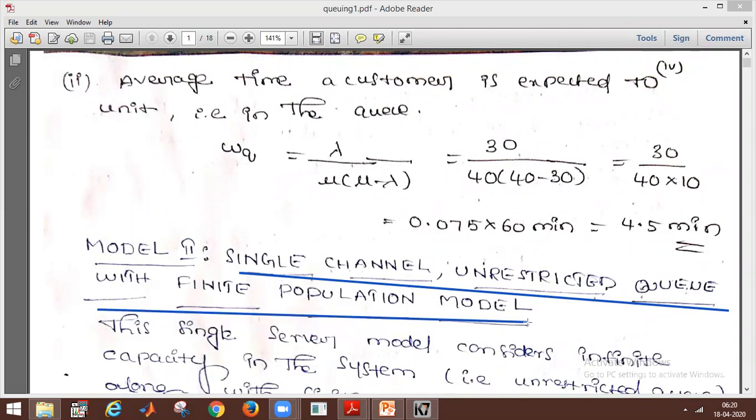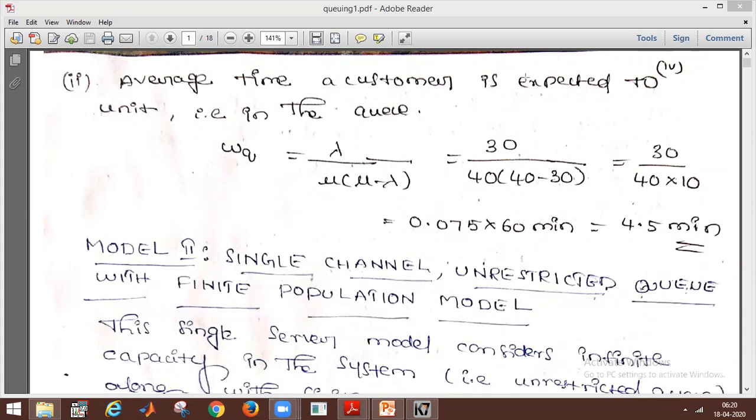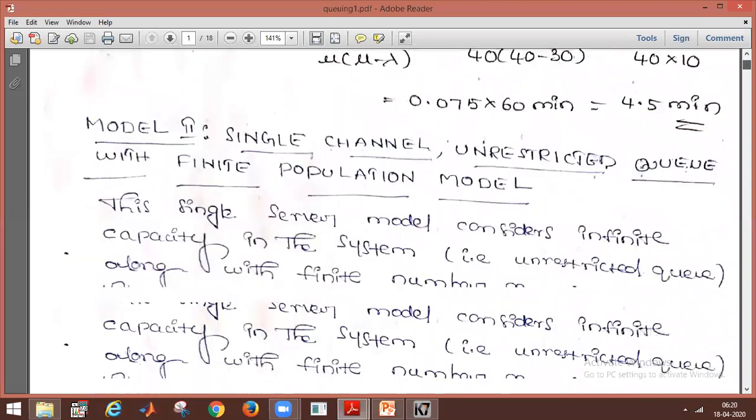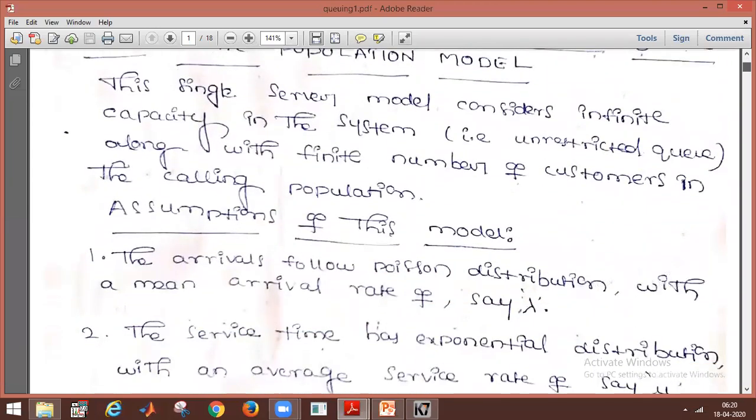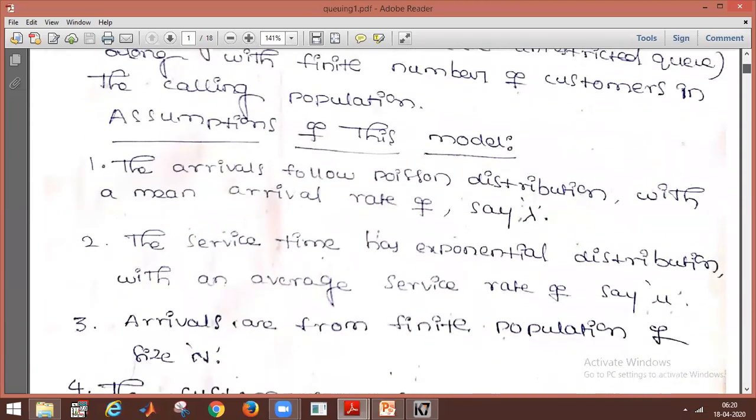Finite population means you have to indicate capital N. Okay, so this is the second model. What are the assumptions of this model?